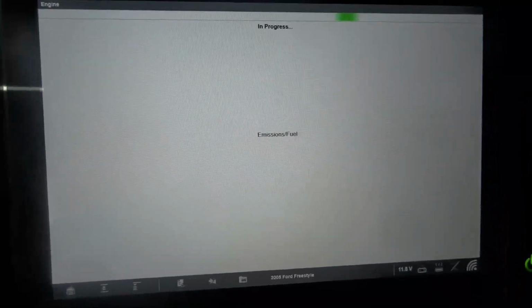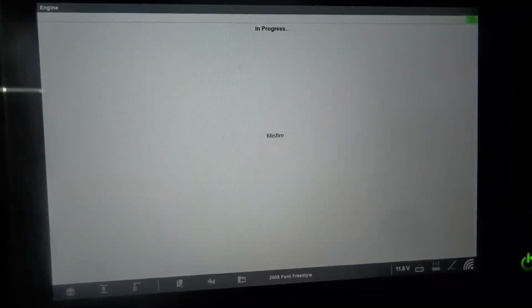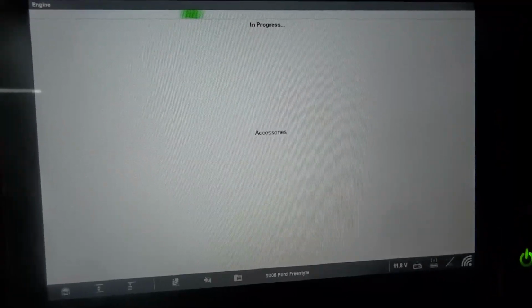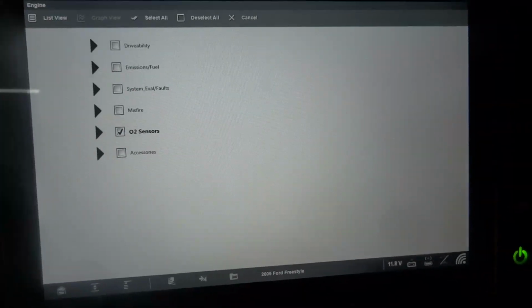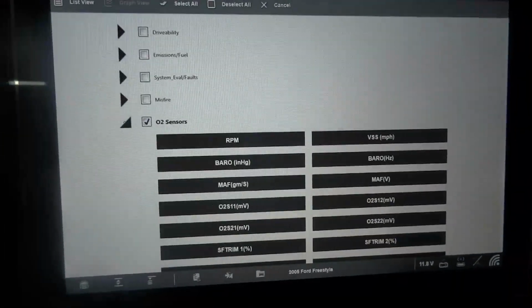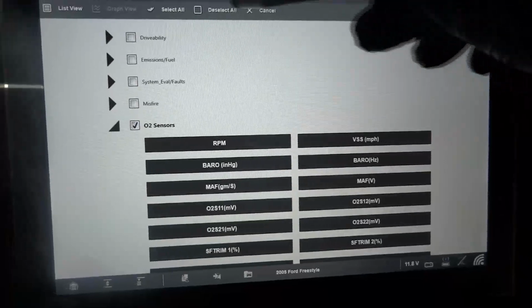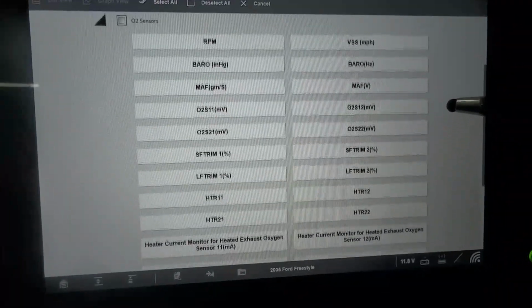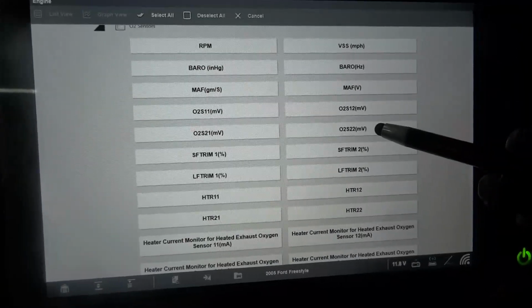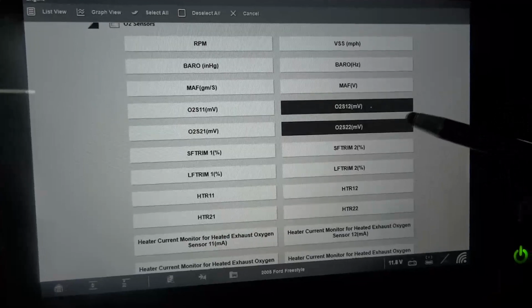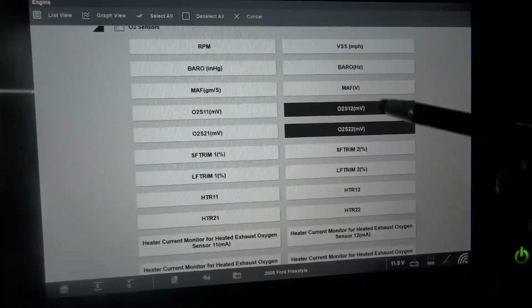I just wanna look at my data PIDs from my after-CAT O2 sensors, my post-CAT O2 sensors. So we got O2 sensor bank 2 sensor 2 and O2 sensor bank 1 sensor 2. So these are the only O2 sensors I want to look at.